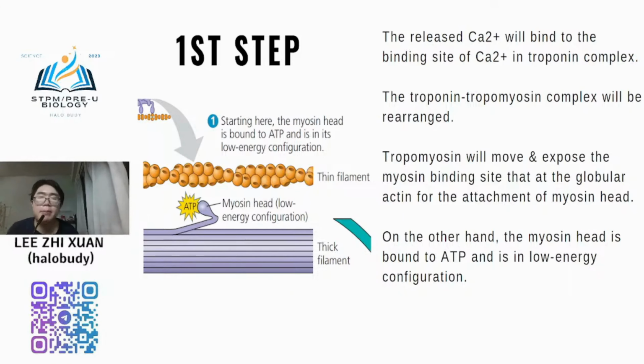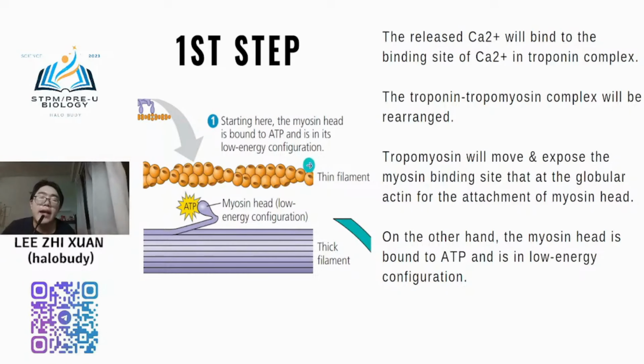So the myosin head will start to bind ATP. Now when it is binding ATP, it is in low energy configuration. Low energy configuration means it is not moving, not standing upright, a bit weak and limp, just relaxed, not doing anything.